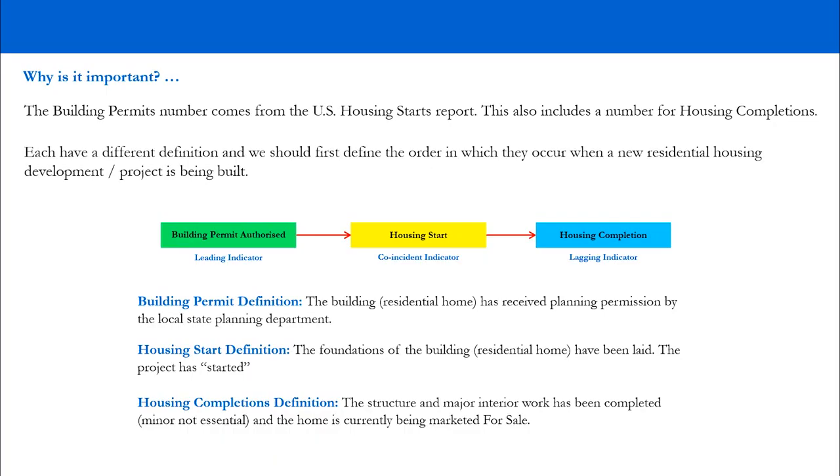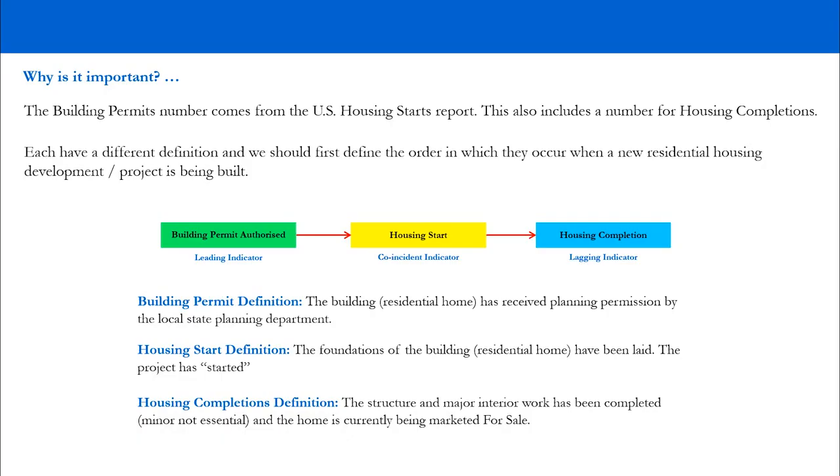And the way this works is that the building permit application is a leading indicator in itself. The housing start is a coincident indicator because it tells us what's happening in the economy at this moment in time. And the housing completion is a lagging indicator because it tells us that the house has now been built and is being marketed for sale, and the project is essentially finished.